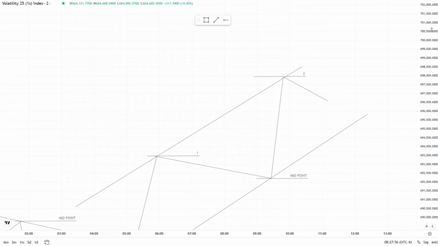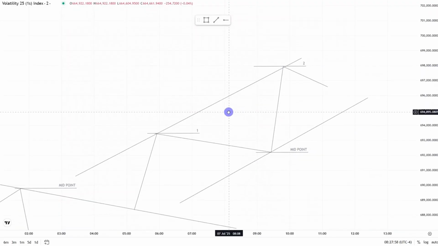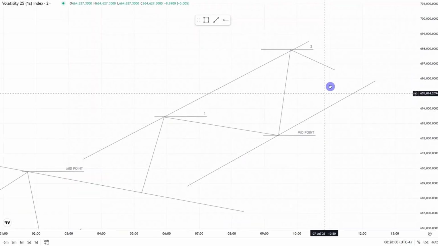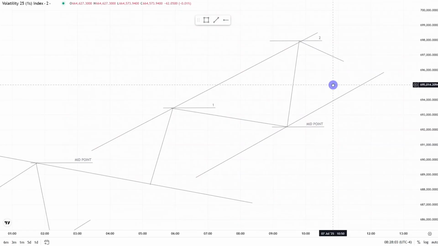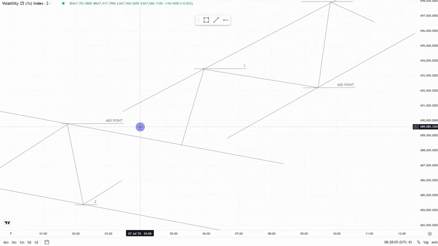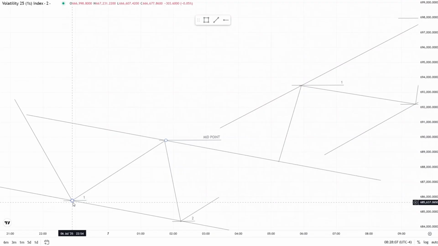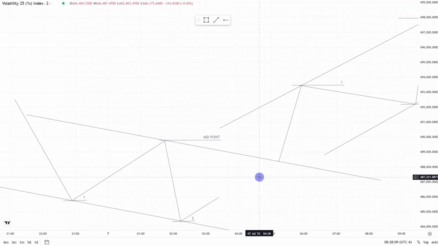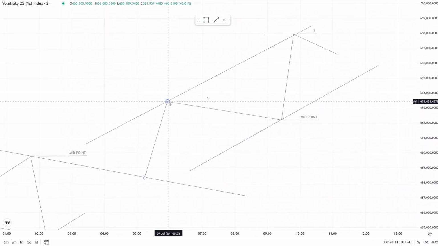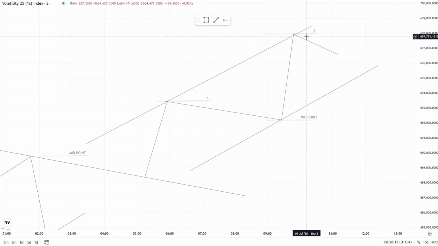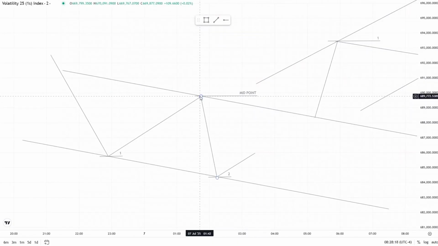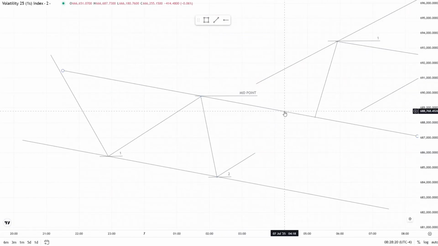But let's not waste any time, man. I don't want to make this thing long. So now that we have all the points, which is your first touch, your midpoint, second touch, vice versa, right? And then your first point, midpoint, and then second touch. So with all that said, we know that price has to touch here for you to become interested in taking that trade.